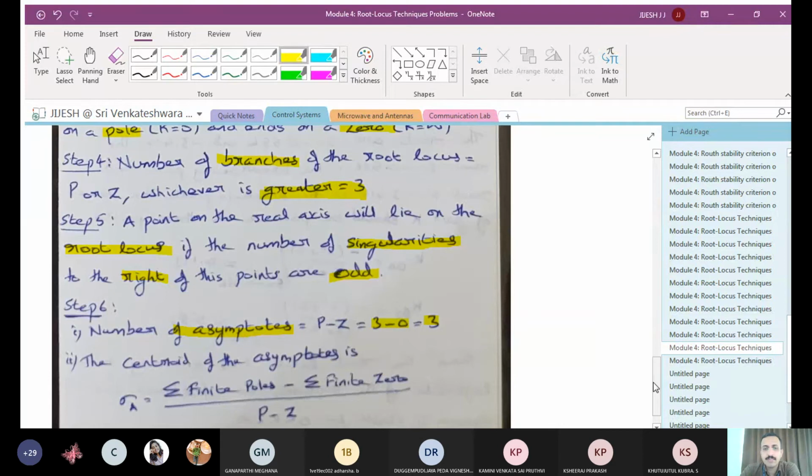The number of poles minus number of zeros is 3, so the denominator is 3. Finite zeros are 0, so you only need the summation of finite poles. Any answer? Minus 2 by 3, sir. Minus 2 by 3.